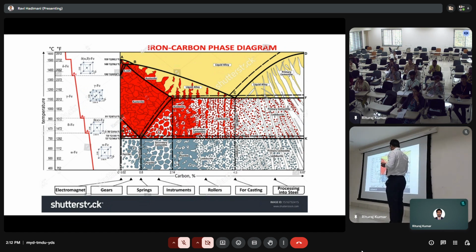Okay, so here are the uses of different phases of this iron carbon alloy. At very low carbon content, you make use of this material for electromagnets, and somewhere here below 1%, that is below 0.8%, you make use in gears.